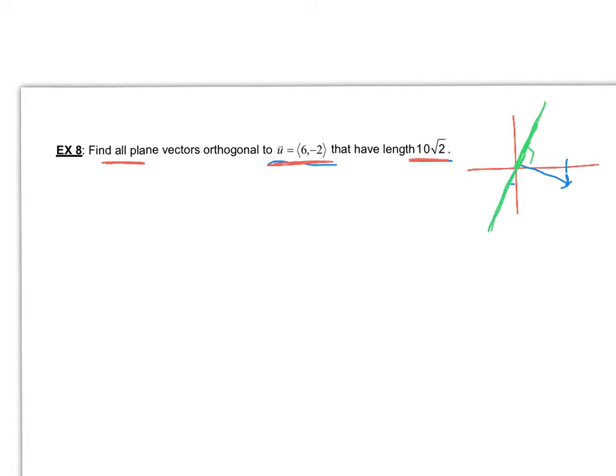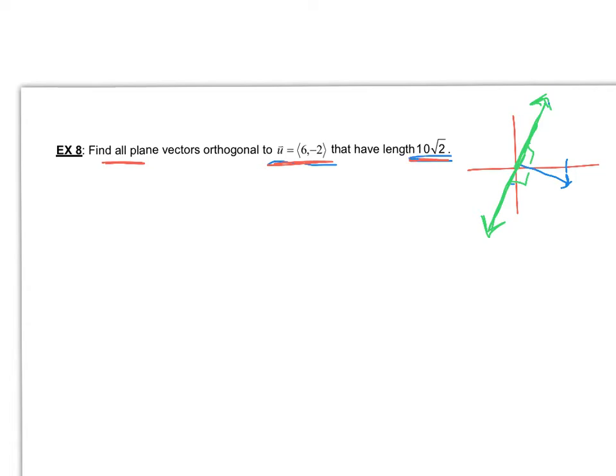So this would be one option going in this positive direction. We could have another perpendicular one in this negative direction. Both of them are perpendicular. So this should help you realize we're actually going to have two answers for this, because there will only be two answers that have the exact length of 10 root 2.